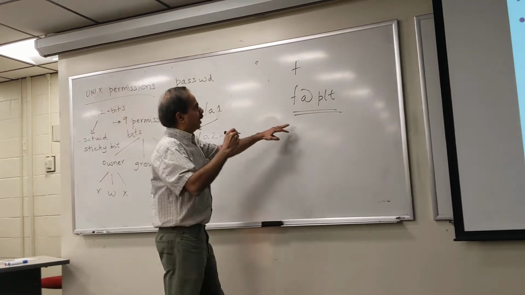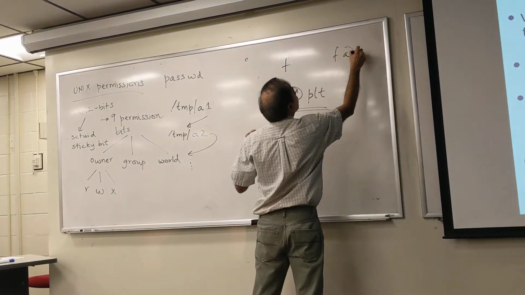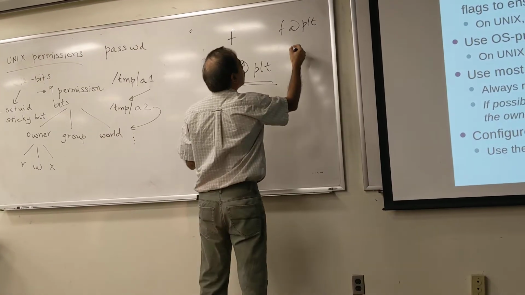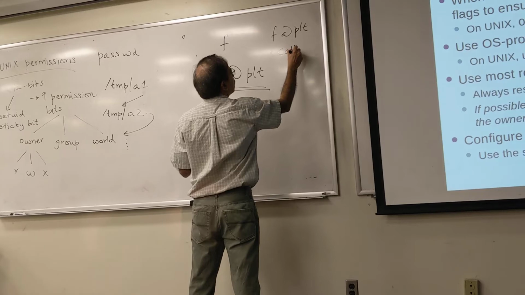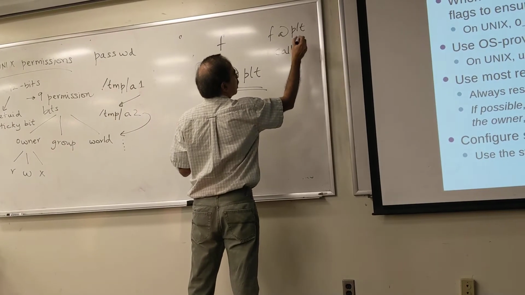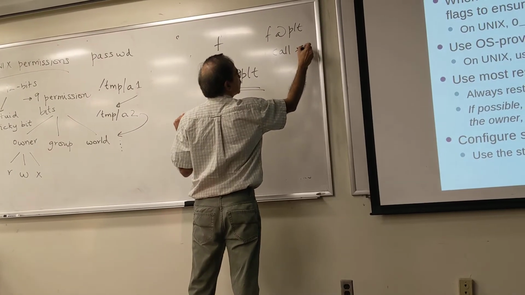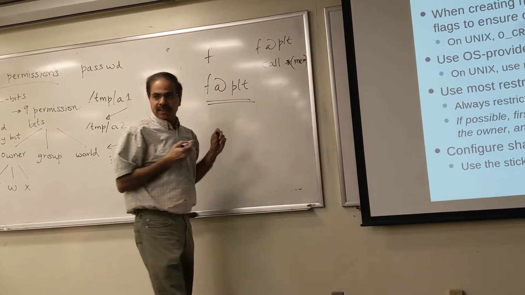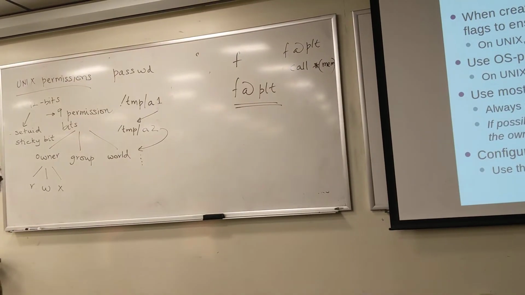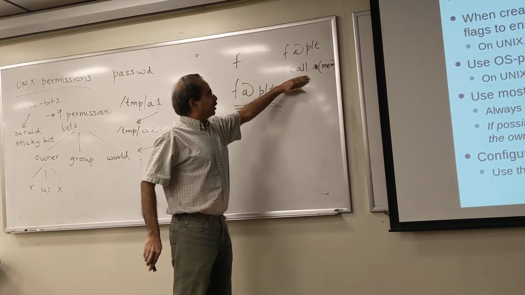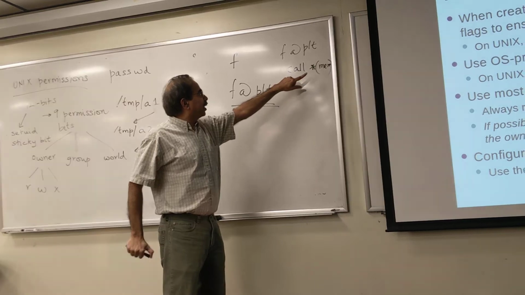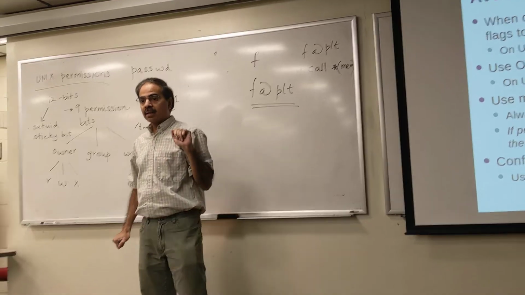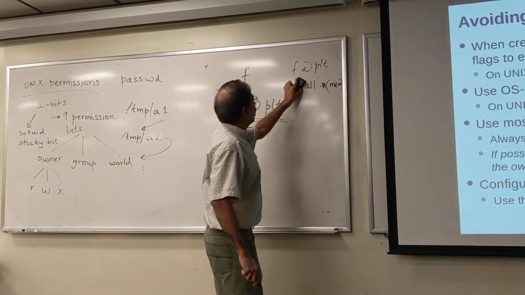So f at PLT will be defined to do something like call star, basically using a table which should contain the real address of f, and it's going to jump to that location. It won't be a call, it'll actually be a jump.